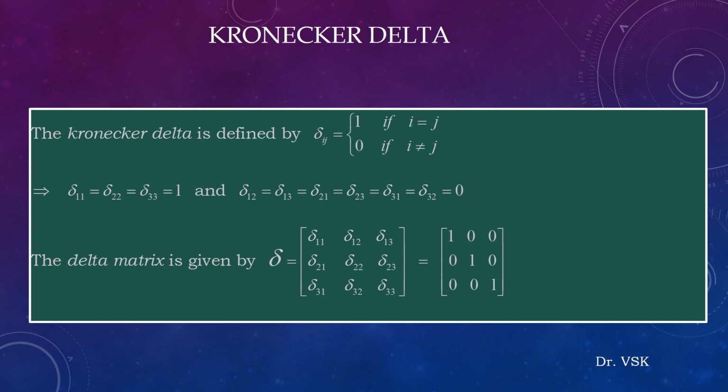If we substitute the values of the Kronecker delta suffix ij, this delta matrix becomes the identity matrix. That means delta equals 1 0 0, 0 1 0, 0 0 1. This Kronecker delta helps us to represent some vector functions in a crisp fashion.